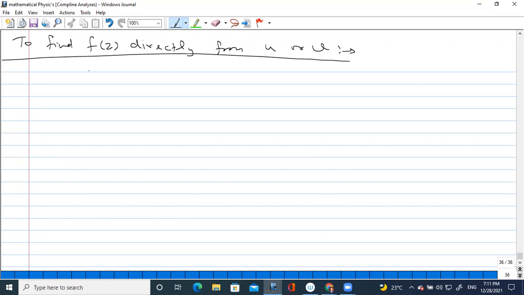Okay, if u is known, and actually this method is also named as, you understood now? Just you have to find out f(z) directly. f(z) is u(x,y) plus i v(x,y).